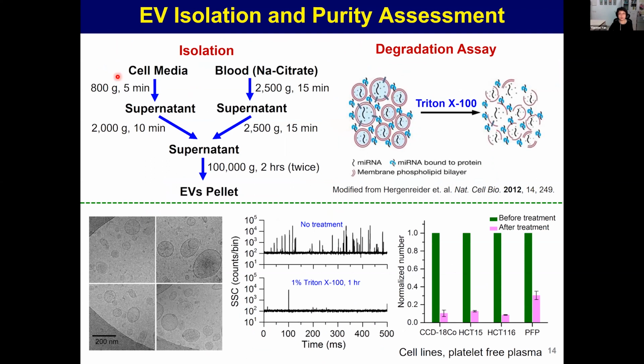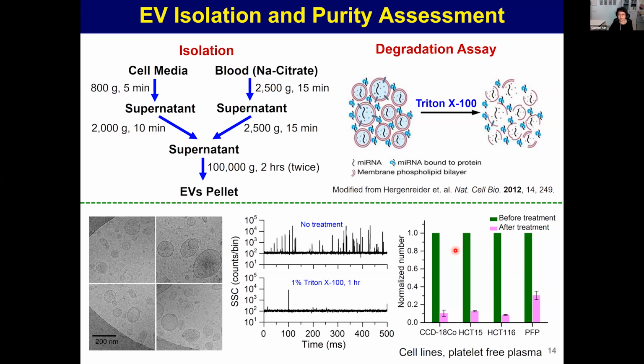Because even with ultracentrifugation for the EV isolates, there are also some lipoproteins co-isolated with EVs. So we would like to know the purity of EVs. What we did is we used Triton X-100 to lyse the vesicles. If it's 100% vesicle, after the Triton treatment, you wouldn't be able to detect particles.